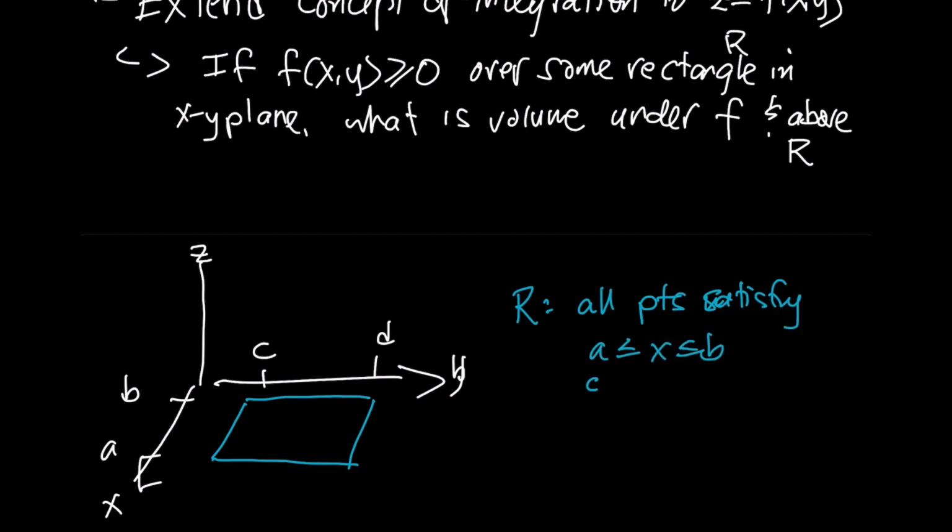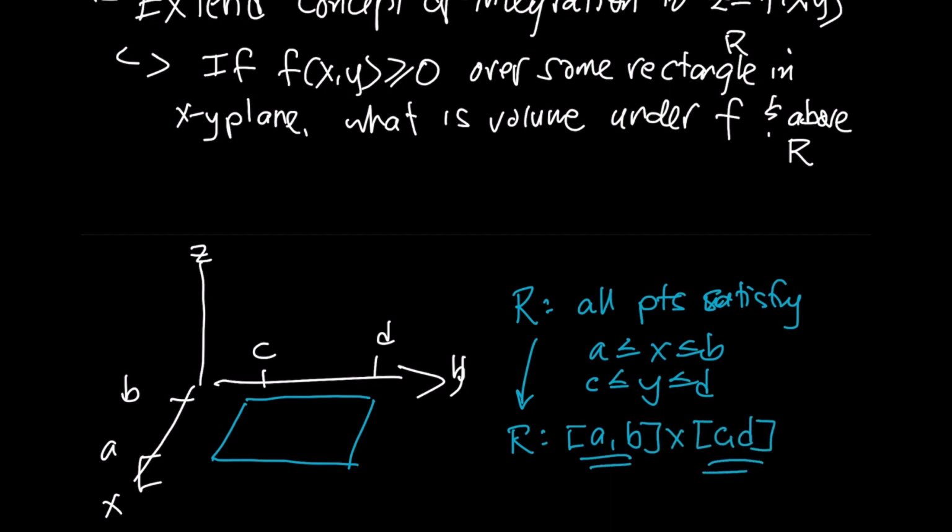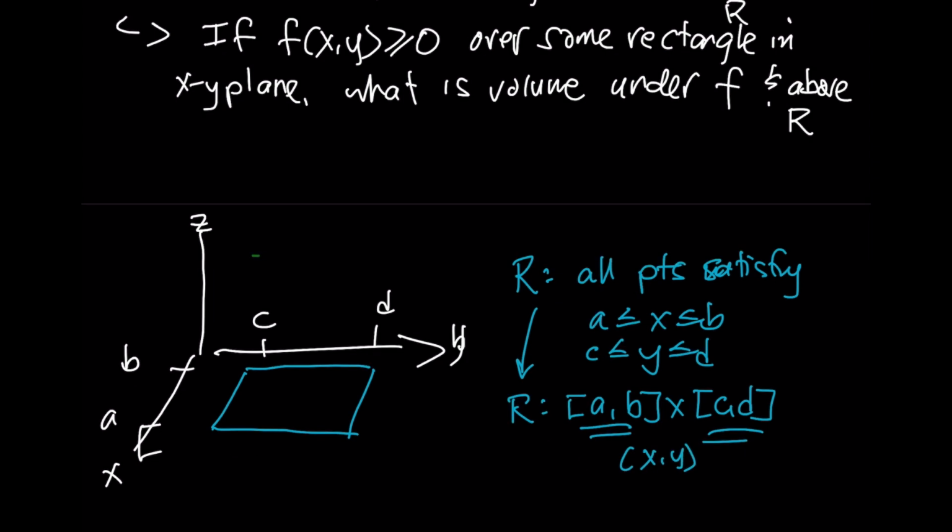So we're going to give this a new notation. This is going to be something called a Cartesian product, where it says all the possible points in this first set combined with all of the possible points in this second set, and we're going to list them as xy pairs.